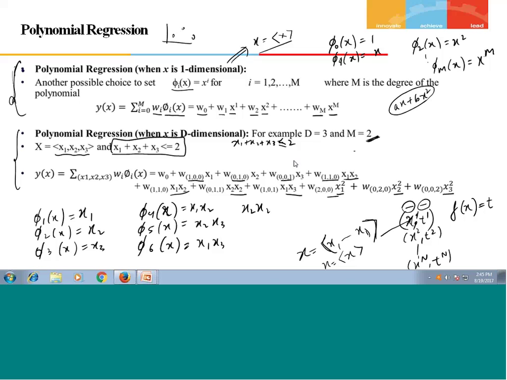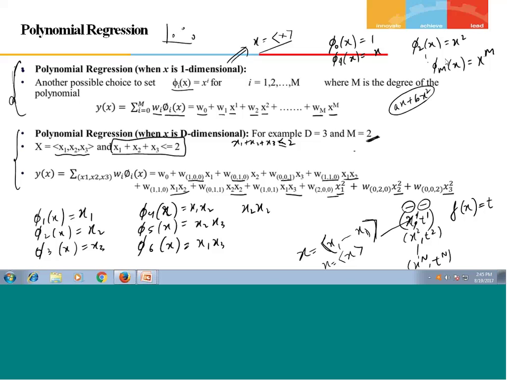So I can come up with a basis function having maximum degree 2. But if I want to map my polynomial into n-dimensional space or 3-dimensional space, then I can come up with a basis function having nth order or third order.